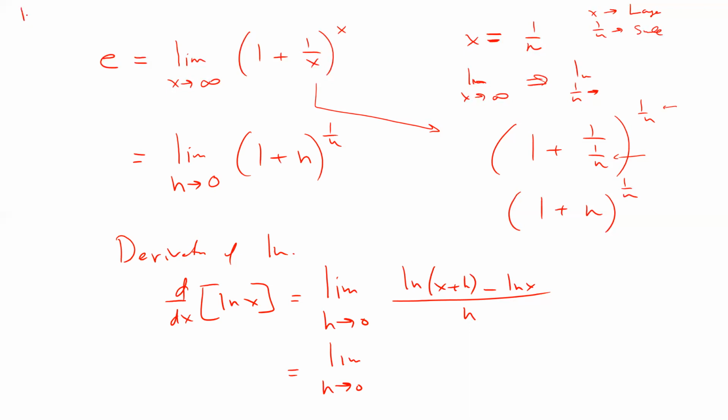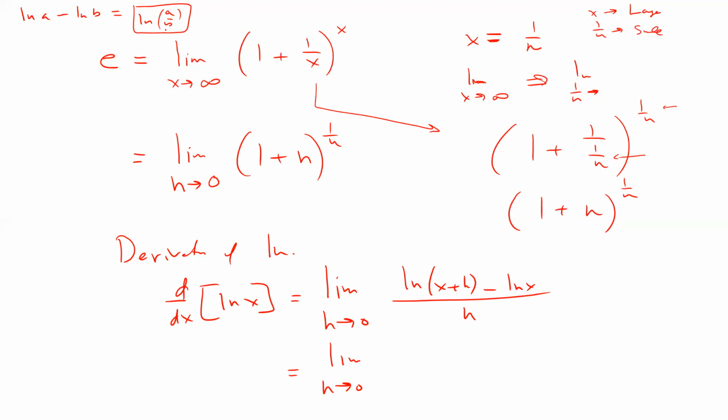So ln of A minus ln of B from algebra class, what is that? Is it ln of A minus B? Nope. Isn't it ln of A divided by B? Yeah, subtraction changes to division. That's right.